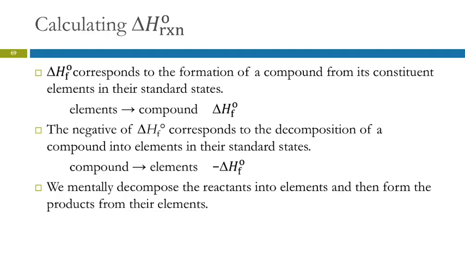What we're doing is we've got reactants that are compounds, and we're going to imagine pulling those apart into their elements in their standard states, and then taking those elements and making the product. So pulling things apart is the opposite in sign of the heat of formation, and making it is the heat of formation.